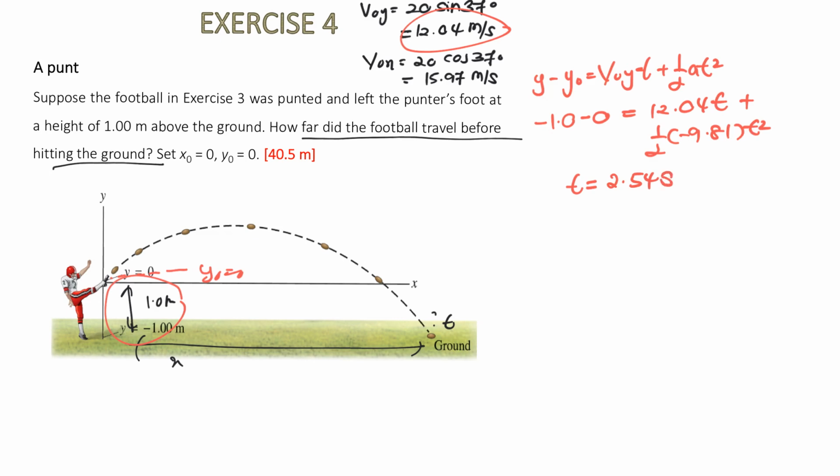Once you find time, you can get the value for x by continuing with the formula x minus x naught equals v naught x t plus half a t squared. The x naught is 0 and the acceleration term is 0. So your x is v naught x, 15.97, times t, which is 2.54.